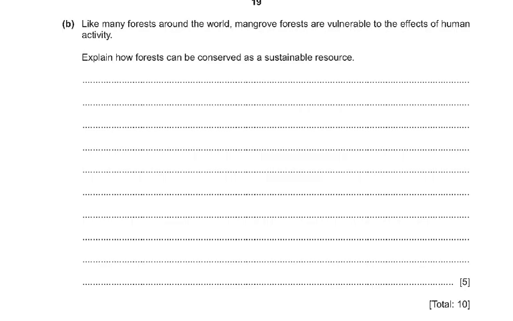So coming to the last part of the question, B: like many forests around the world, mangrove forests are vulnerable to the effects of human activity. Explain how forests can be conserved as a sustainable resource. Education, or you can raise the awareness. Then there should be laws with quotas, so you can only cut down so many trees in a year, or you can have protected areas and monitor how many trees should be cut down, because we're talking of mangrove forests.